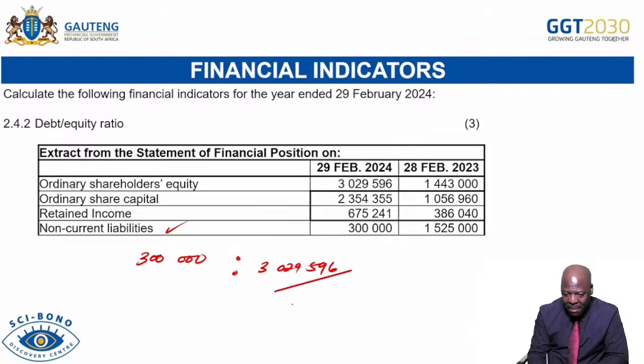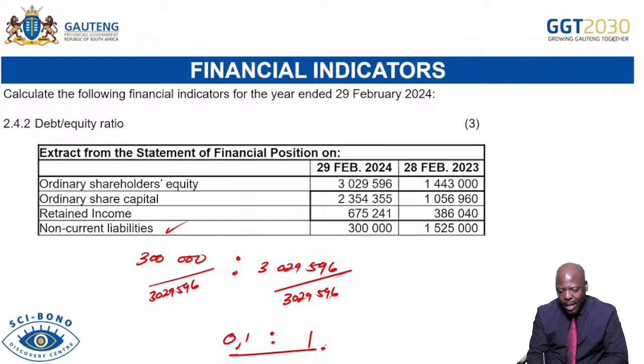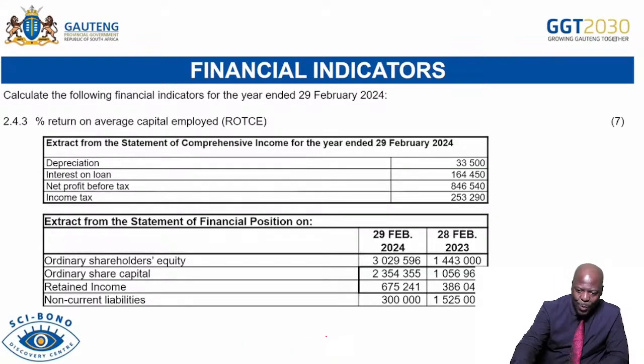And to get the answer, remember, we divided by the 3,029,596 to get 1. And I divide this by the 3,029,596, and then it becomes 0.1 as to 1. That becomes the answer.